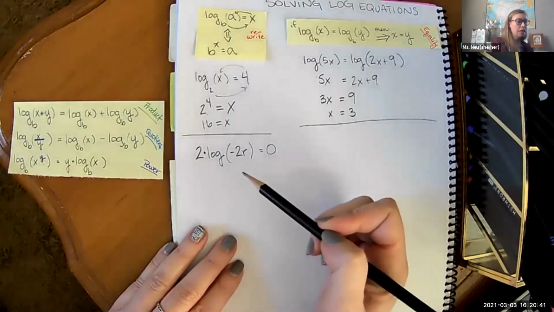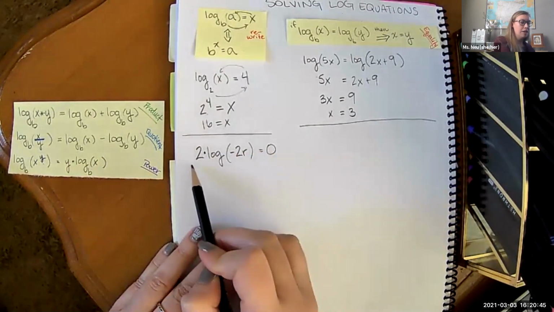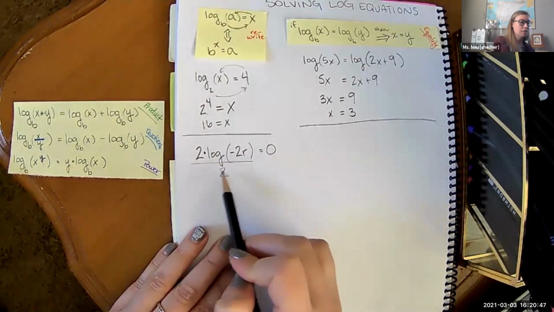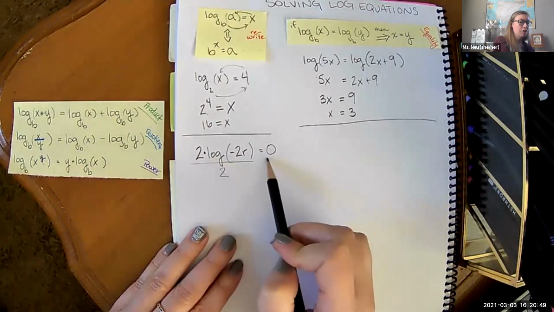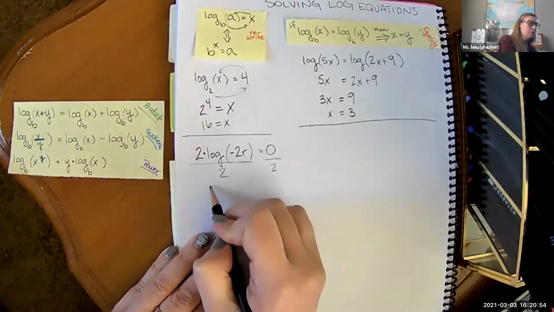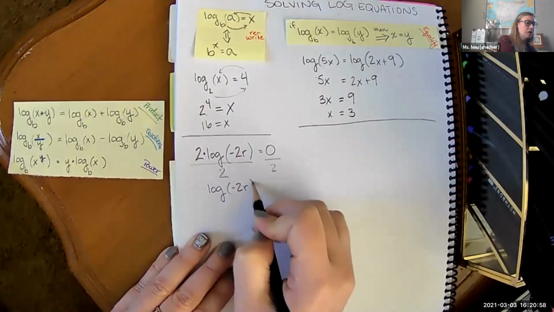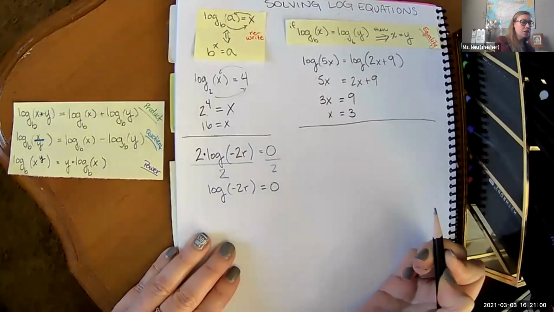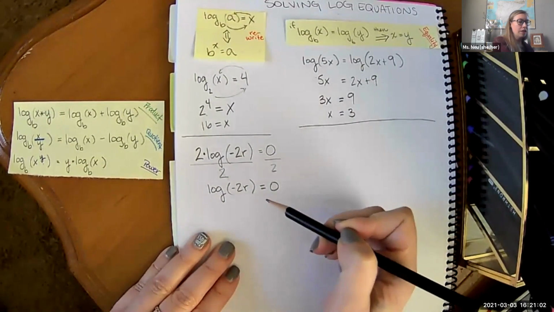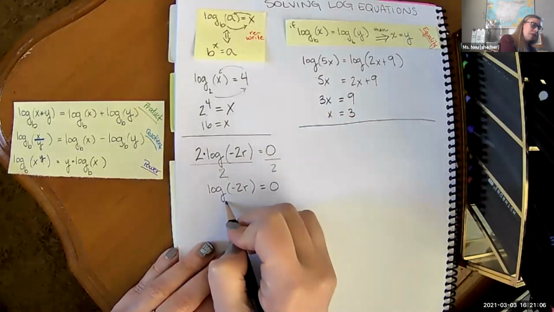First, I'm going to do it the easy way because I noticed that if I divide both sides by 2 to cancel that 2 out, when I come over here, 0 divided by 2 is still 0. So it gets really easy for me. Log of negative 2r equals still just 0. And now I'm ready to use my rewrite. Let's do the circle of life. This is a base 10.